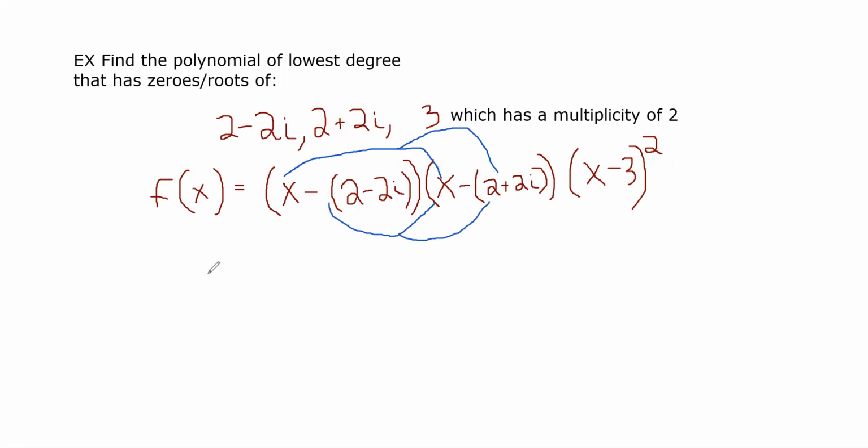So x times x will give you x squared. Then we're doing x times negative 2 plus 2i. So it's going to kind of look like this.